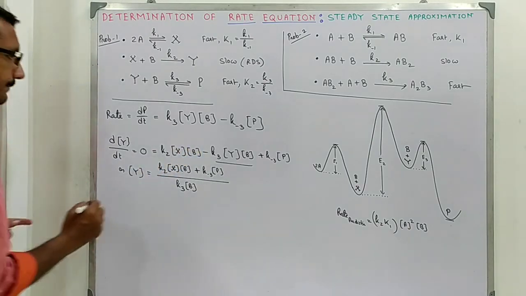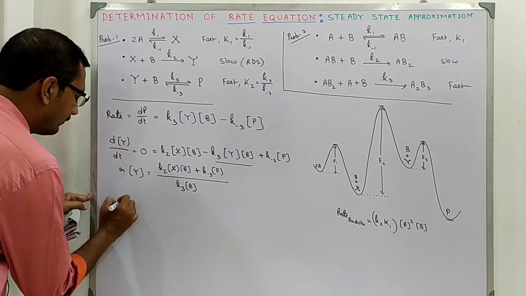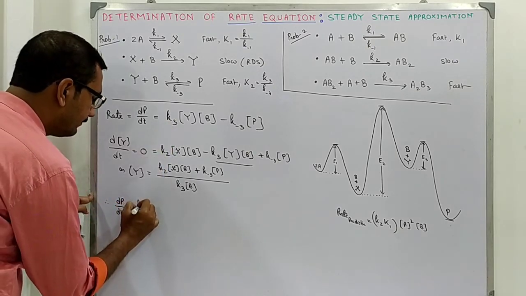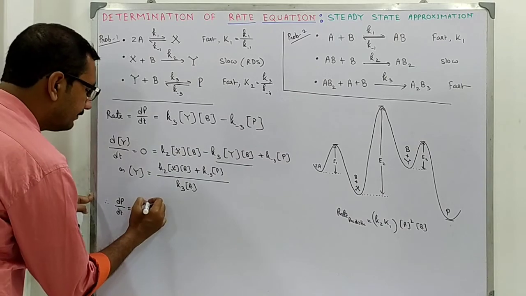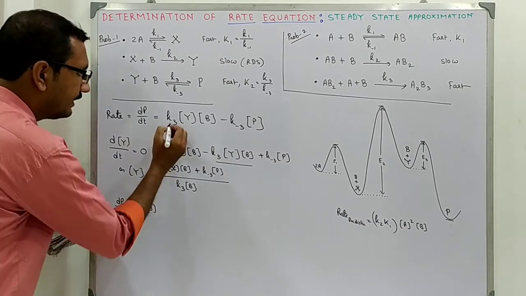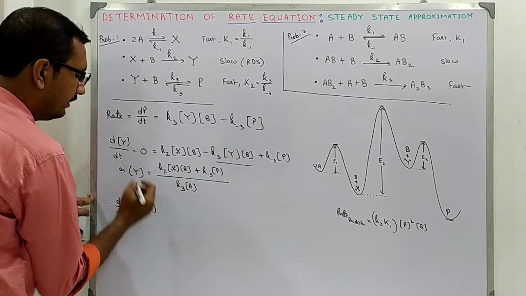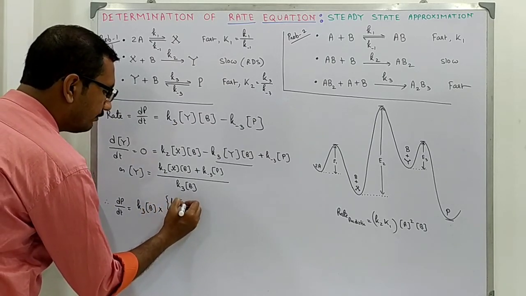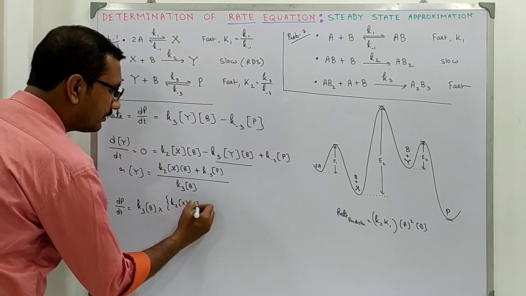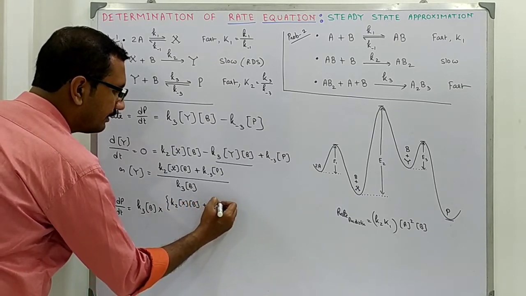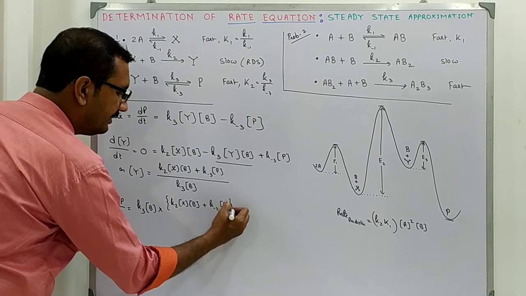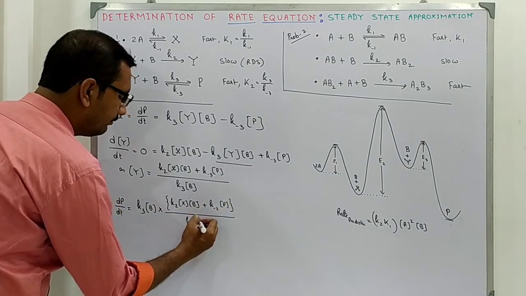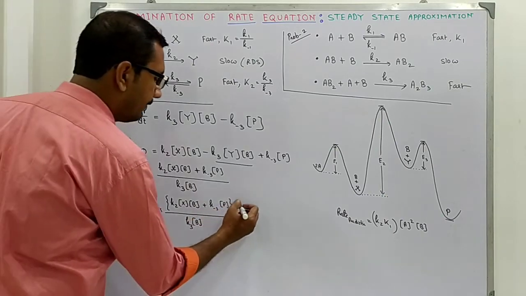So, it will look like dp/dt equal to K3 into [b]. Now, we put the value of concentration of y. So, it will be K2 into [x] into [b] plus K minus 3 into [p] by K3 into [b].